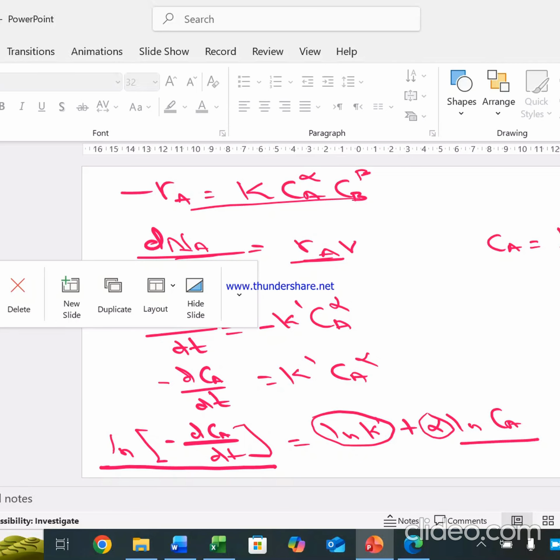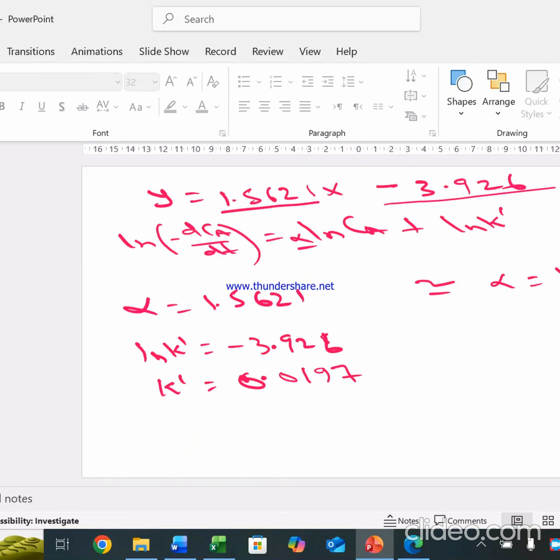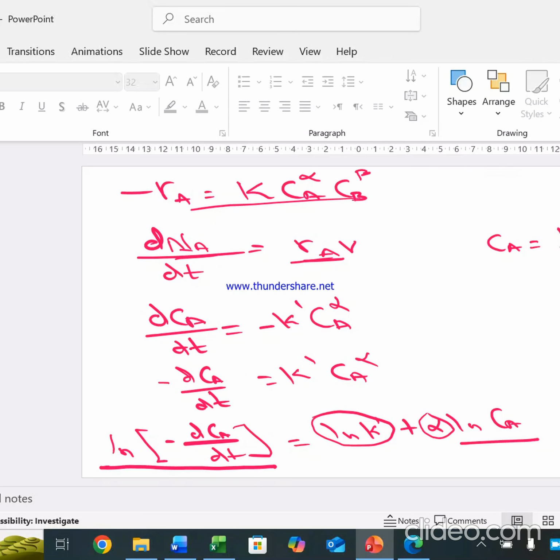So now, if you remember very well, we got our K from a combination of parameters. We say our K prime equals KA CB.